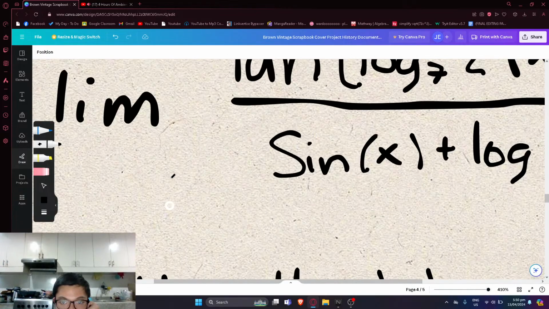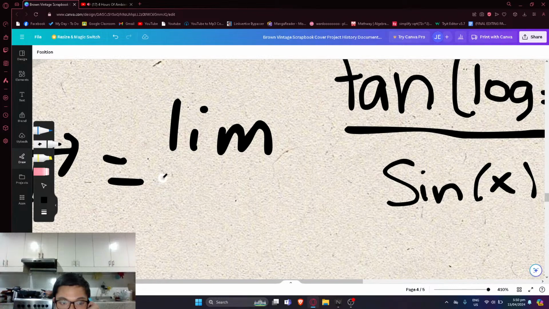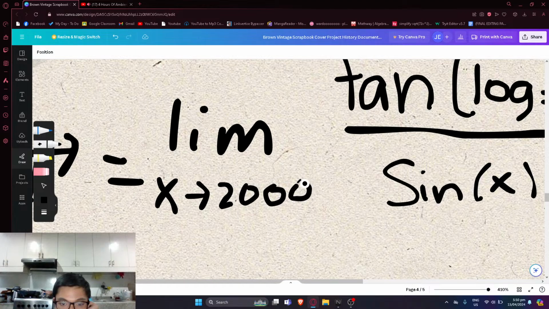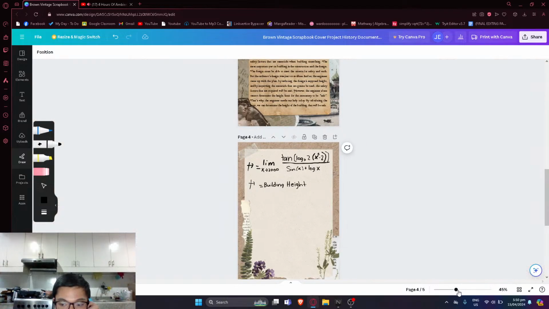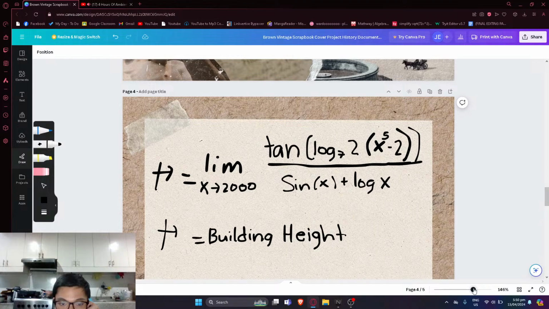As x approaches 2000, so our goal here is to probably make a table wherein we try to look for the values, and then let's see, how do we know if it's more efficient?